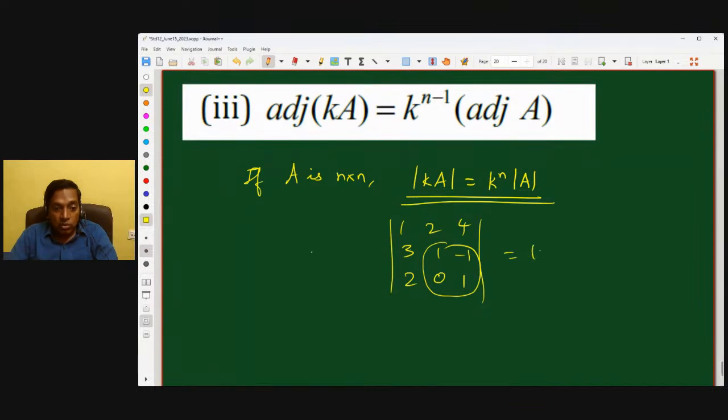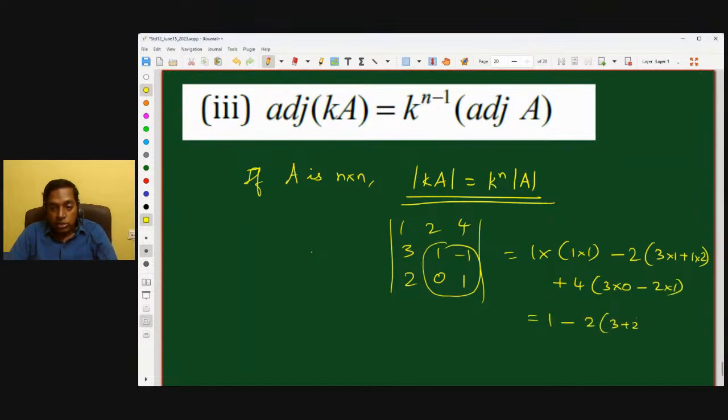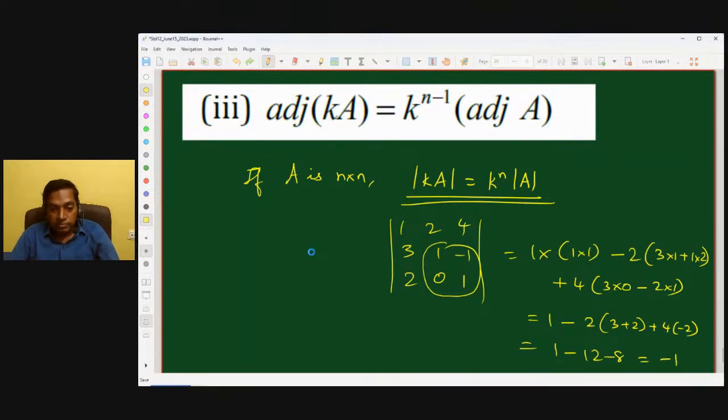So it's 1 times 1 into 1 minus 2 times 3 into 1 plus 1 into 2 plus 4 times 3 into 0 minus 2 into 1. So it's 1 minus 2 into 3 plus 2 plus 4 into minus 2. So it's 1 minus 12 minus 8. So it's minus 19.